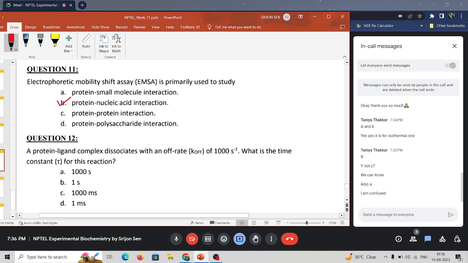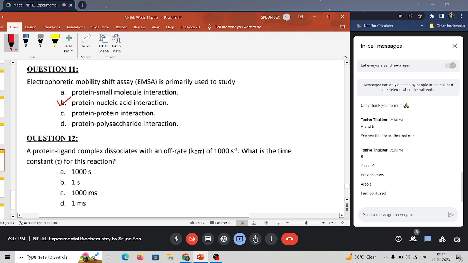And then there is the problem of size, then the shape, which also comes into play. Small molecules are so small that you might not be able to differentiate between the two bands.